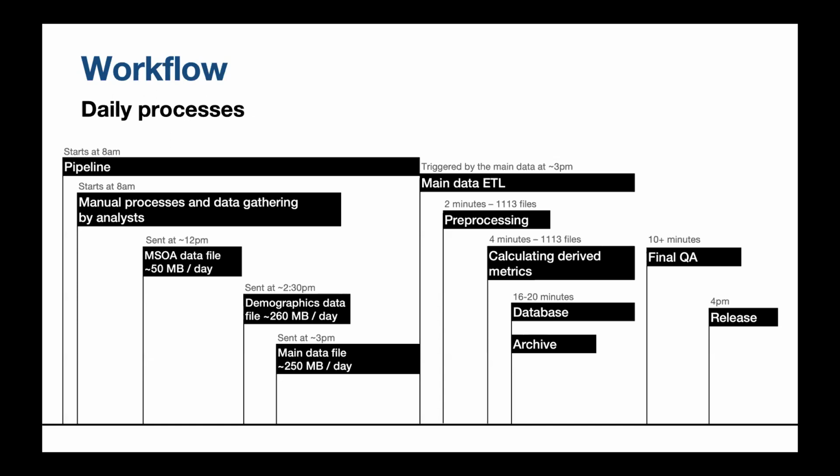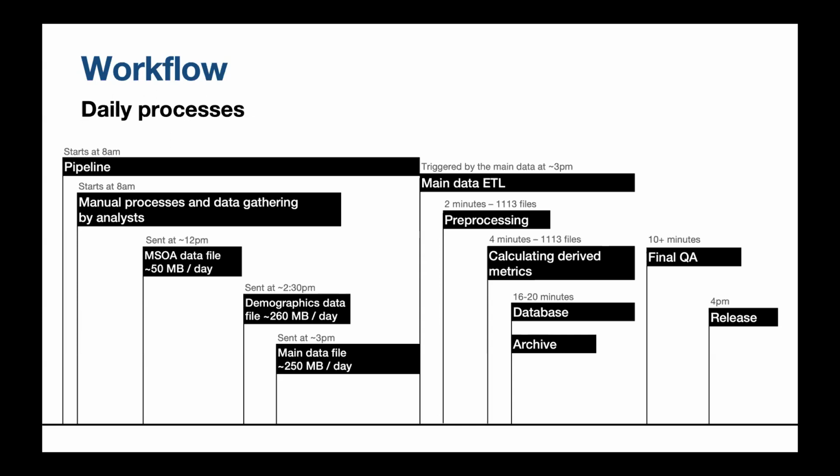MSOA are the small areas you see on the map that have on average 8,000 to 8,500 people in population. That's a 50 megabyte file each day right now. Then at around 2:30 p.m., we get the demographics data. That's the data that produces the nice heat maps that you see on the website.